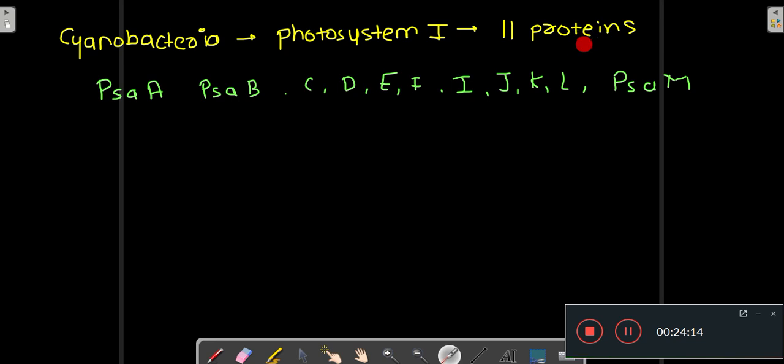The photosystem 1 of cyanobacteria has 11 proteins. They are PsaA, PsaB, then PsaC, D, E, F, I, J, K, L, and then PsaM. These 11 proteins are present in the photosystem 1 of cyanobacteria.